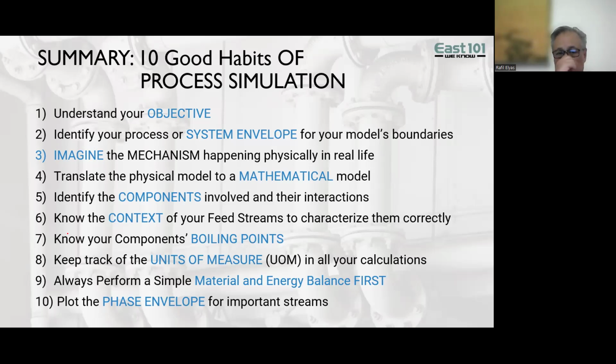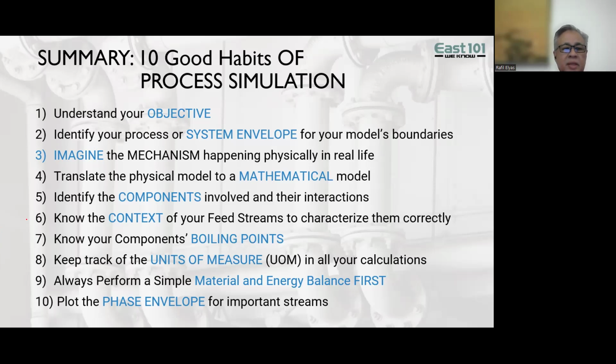It's also important to be able to at least remember some stuff from university to allow us to understand what kind of mathematical models are coming into play when we're looking at different types of physical phenomena. The fifth is to identify the components that are involved and what sort of interactions are taking place so that we can choose a property package.